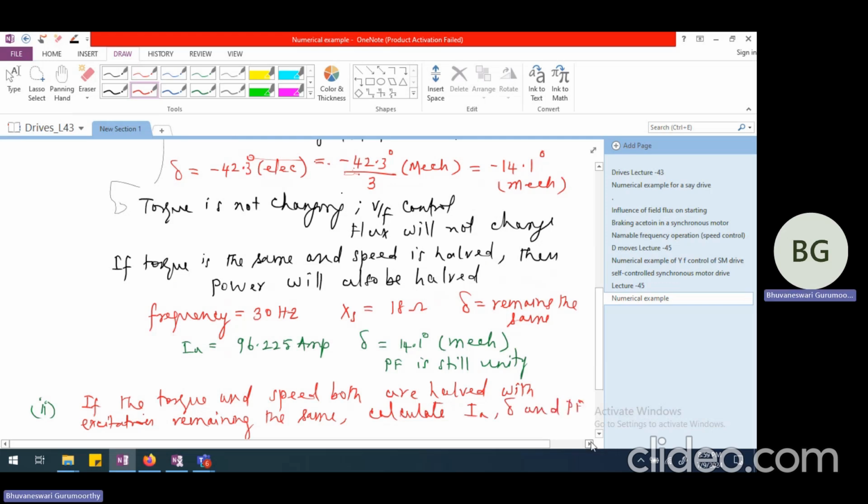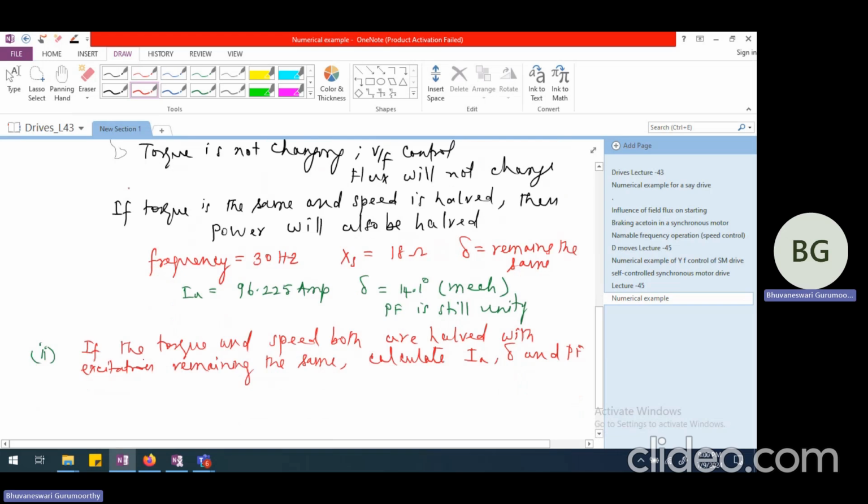So this is what is being asked. So we are supposed to calculate all three. That is Ia, delta, and power factor.